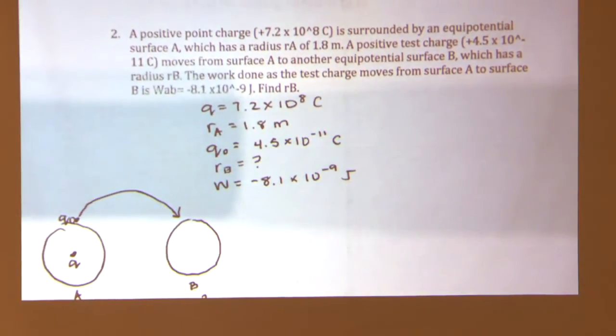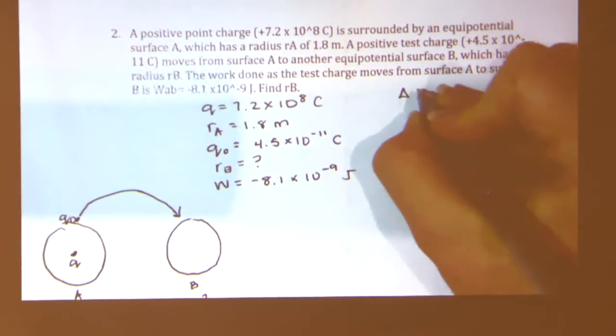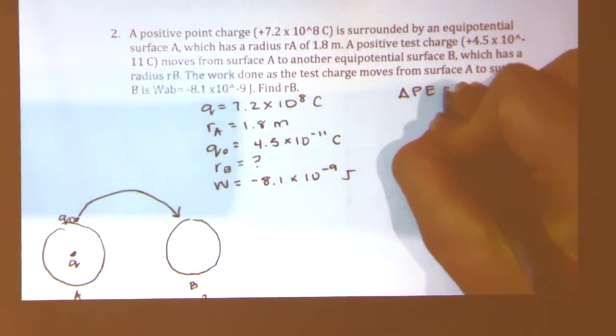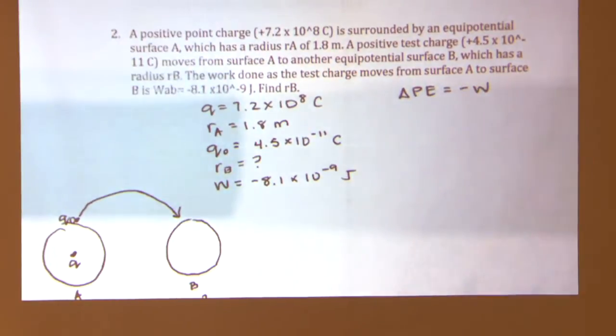They give us the work. So that should jump out that you're going to have to do something with potential energy. So we know the change in electric potential energy is equal to negative work.